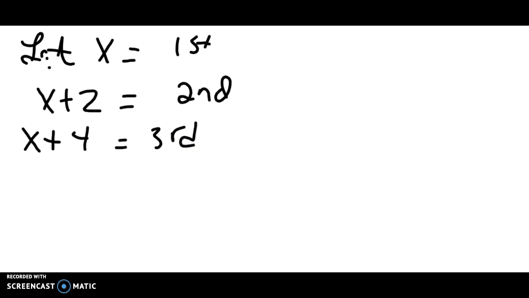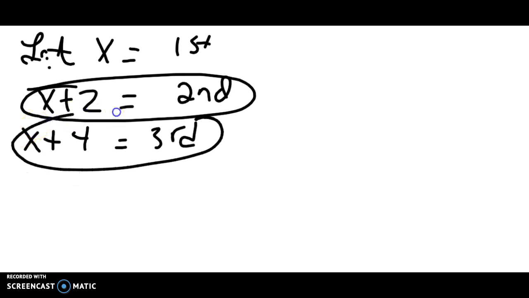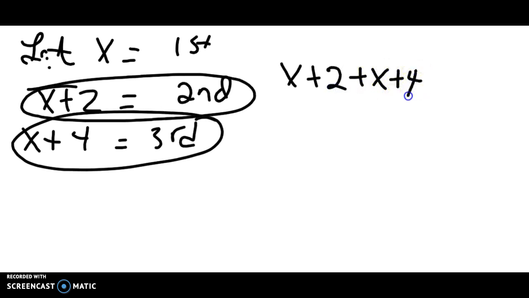So now it says where the sum of the middle and the largest integer, so it says to add those two together, x plus 2 plus x plus 4 is 21 more than the smallest integer.